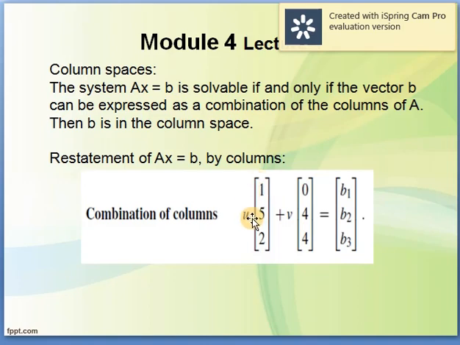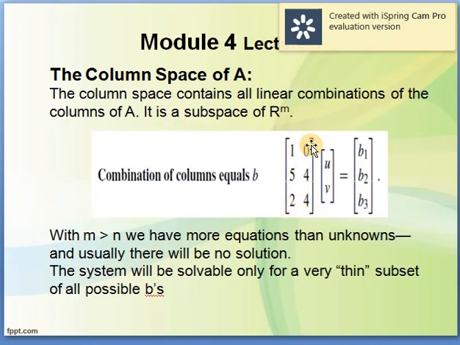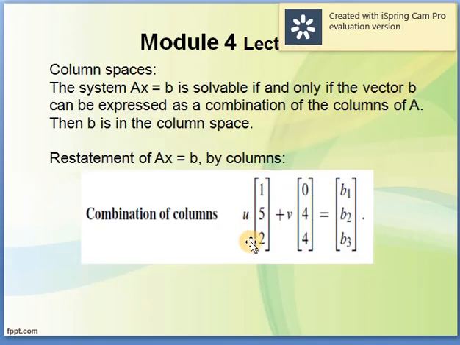Now the individual columns of matrix A are written: the first column and the second column. The first variable u is multiplied with the first column, and the second variable v is multiplied with the second column, which gives b1, b2, b3.